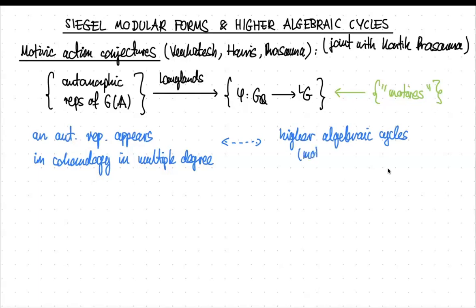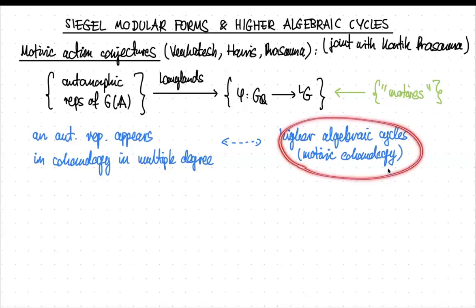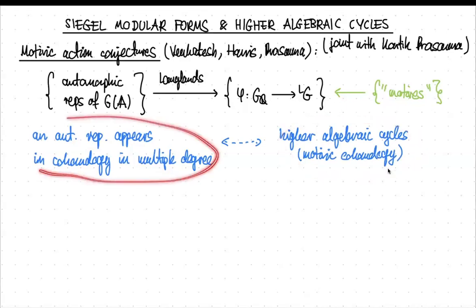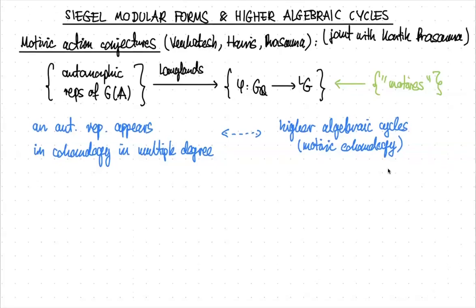These abstractly can be thought of as some motivic cohomology groups, if you like. And that's why they're called the motivic action conjectures. They say that these motivic cohomology groups act on the contributions to cohomology and explain all the contributions. Okay, so this is some very abstract, high-level overview.